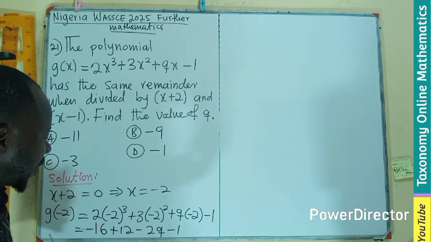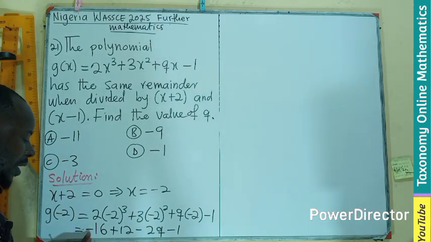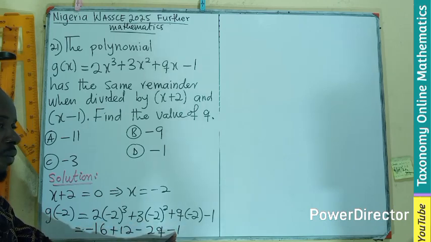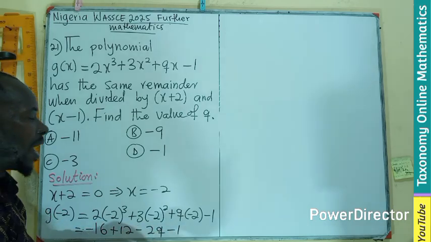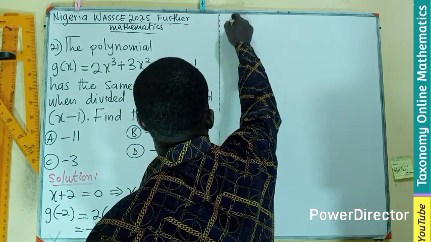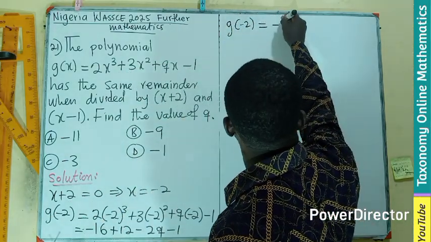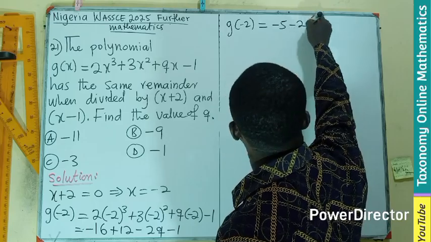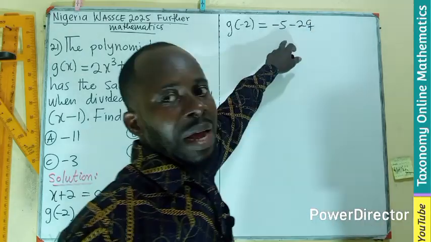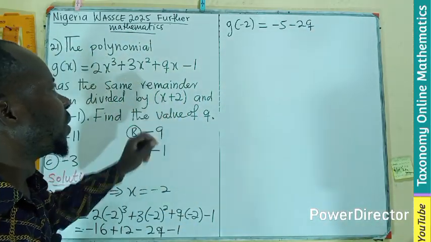So let's simplify this further. Negative 16 plus 12 gives you negative 4, and negative 4 minus 1 will be negative 5. So g of negative 2 will be negative 5 minus 2q. This is the remainder when we use this linear function.